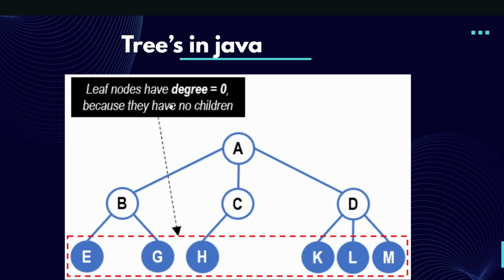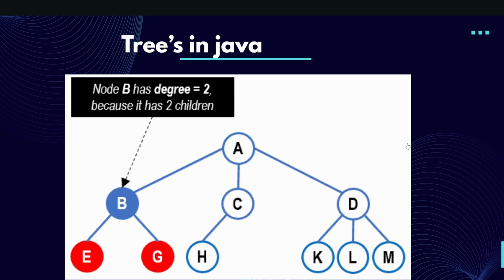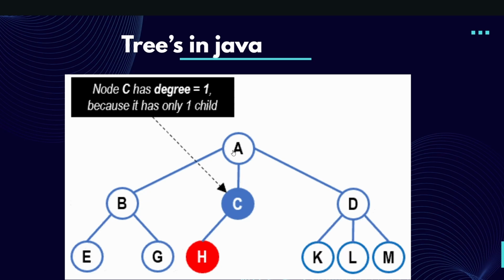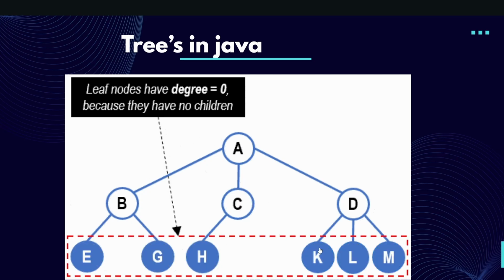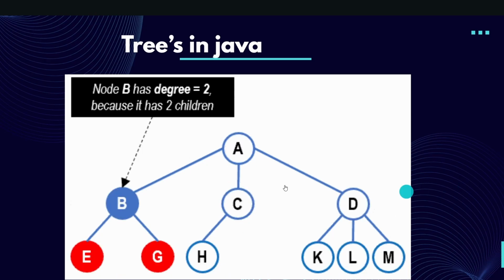If you want to see the animation clearly, you can pause the video or go back and watch it again. Whatever node you are on, it shows the degree of that node. So all the leaf nodes have degree 0, and the root node has degree 3 because it has 3 children. I hope this makes some sense.